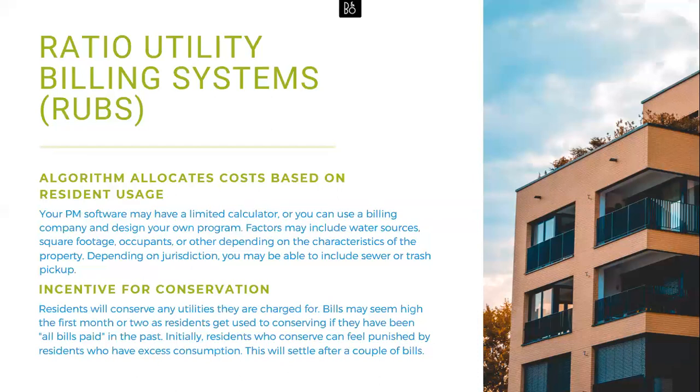Certainly. So let's talk about this a little bit as well with RUBS. Let's create a scenario. I am a new owner. I've purchased this new community. It's a 250 unit community, and I want to implement a RUBS billing program. My water bills are averaging, let's say, $8,000 a month, and right now I'm recovering zero.